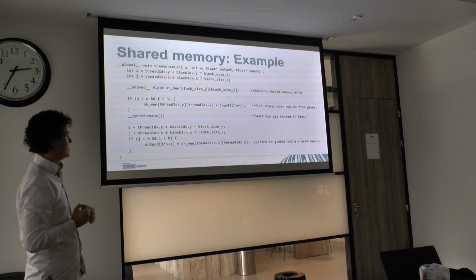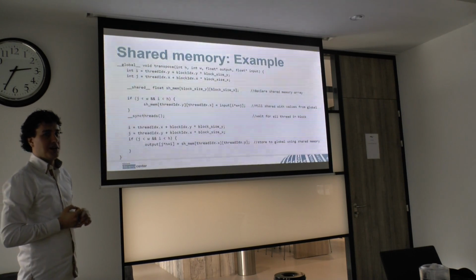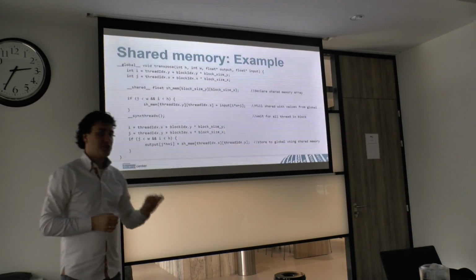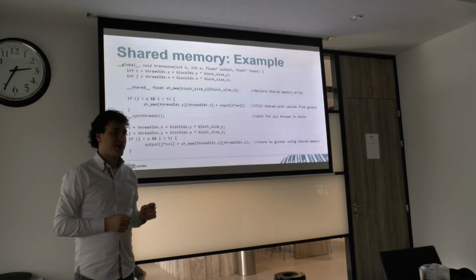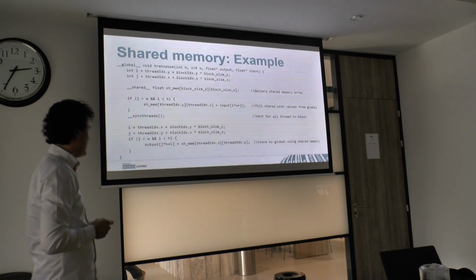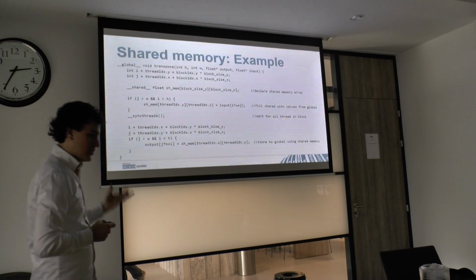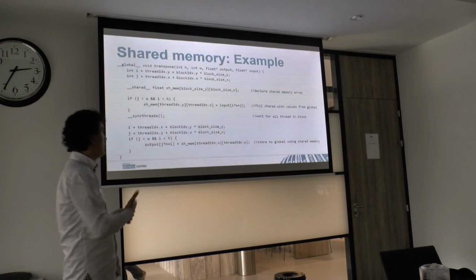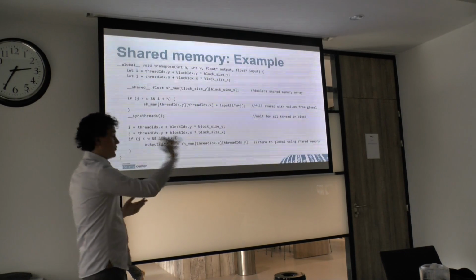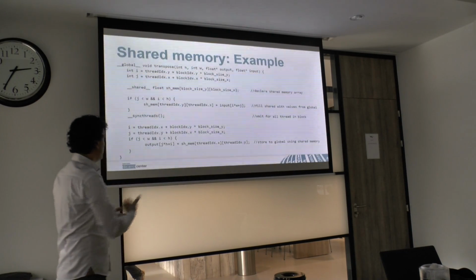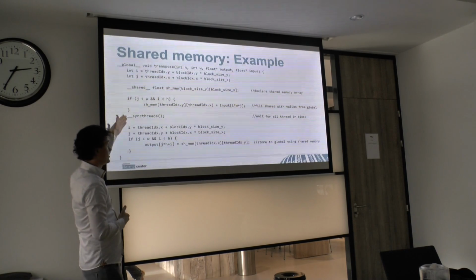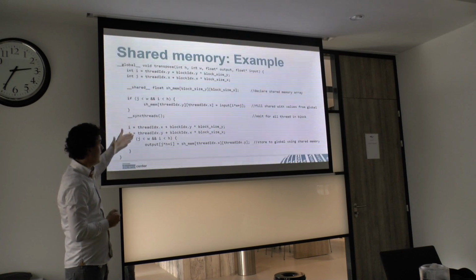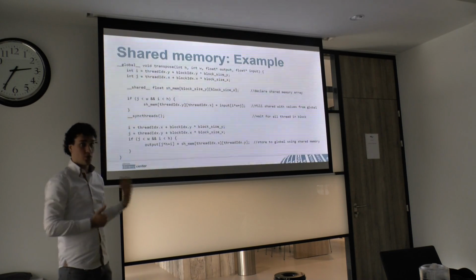I'm not going into the details of the index calculation in this particular example because transpose is something that you can really break your head on. But this does give you an idea of how I can use shared memory. You define it, you fill it with values, and then you call sync threads to make sure that all threads in the block have come up to this point, and then we can actually store these values.